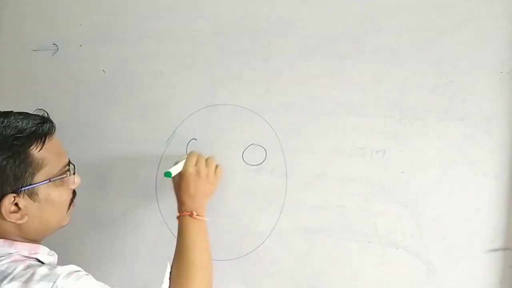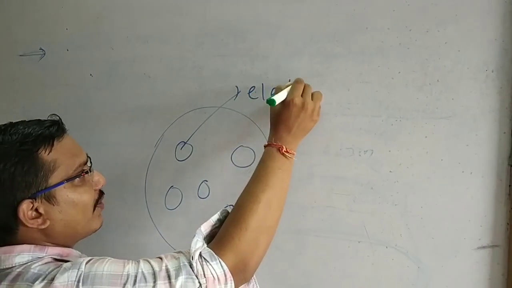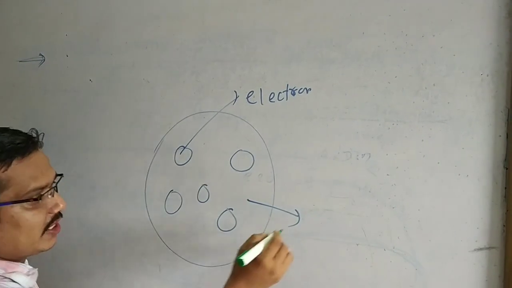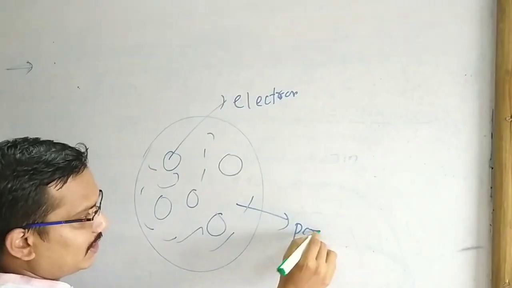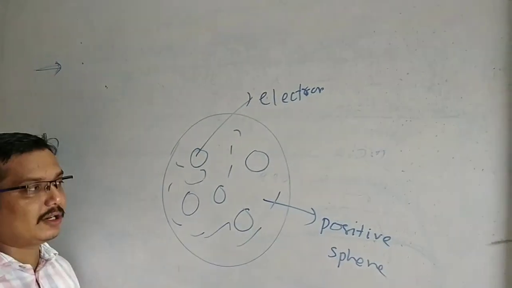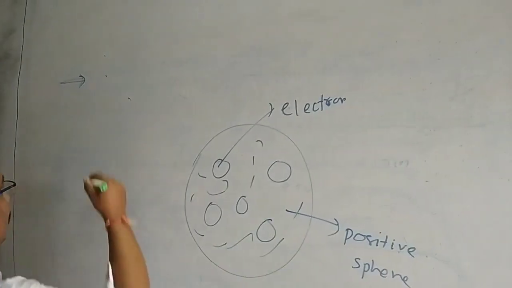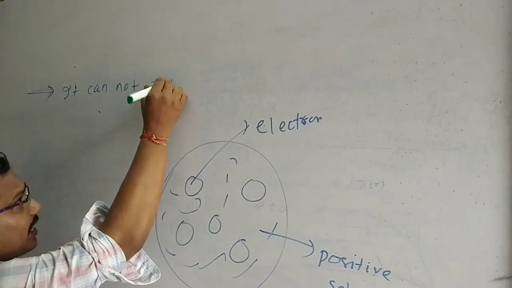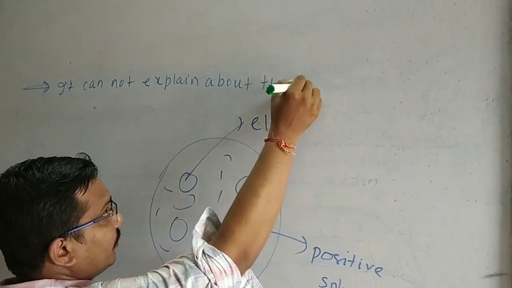This is your electron, which are the seeds in the watermelon, and the red spongy mass is considered the positive sphere, for proton. But when the neutron was discovered, there is no placement of the neutron in this model. So it cannot explain the neutron.